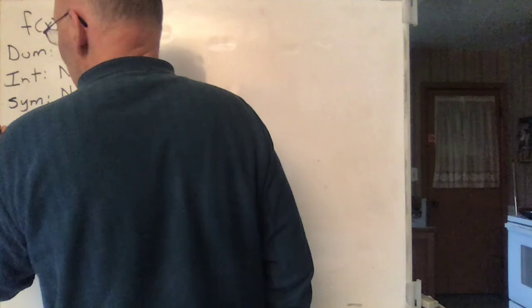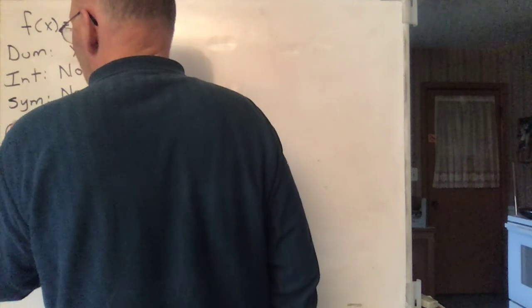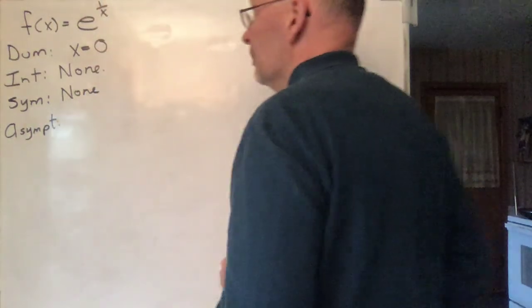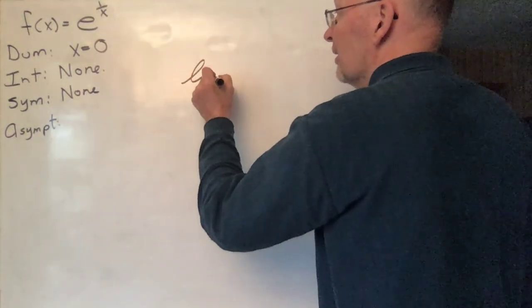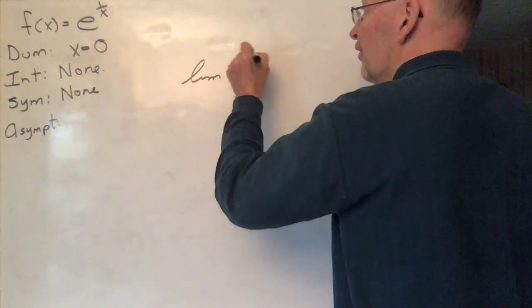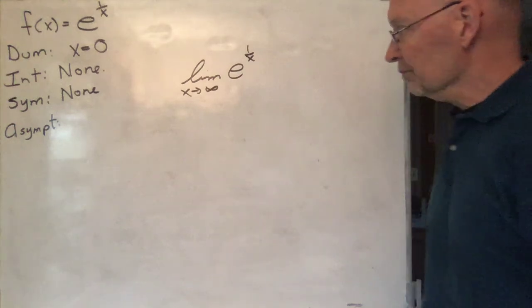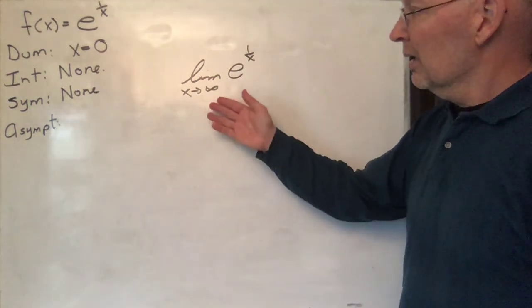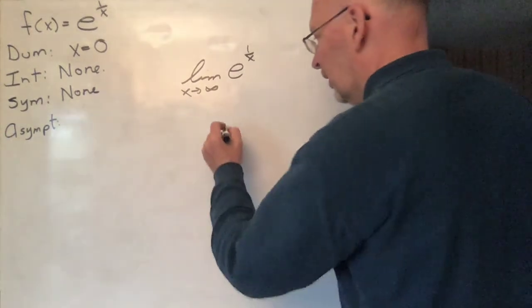Things become more interesting when we look at asymptotes. Okay? So, let's look at them all carefully, one at a time. We'll first look at this function as x goes to infinity. I'll kind of go from the easier to the hard. Okay? So, here's the way I teach this again.